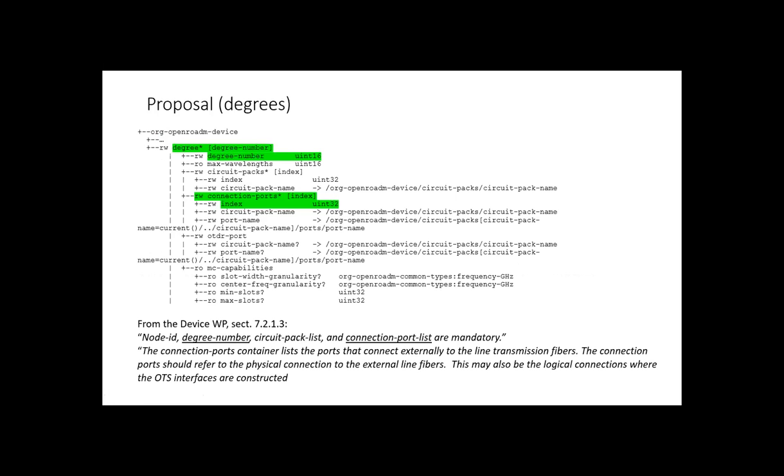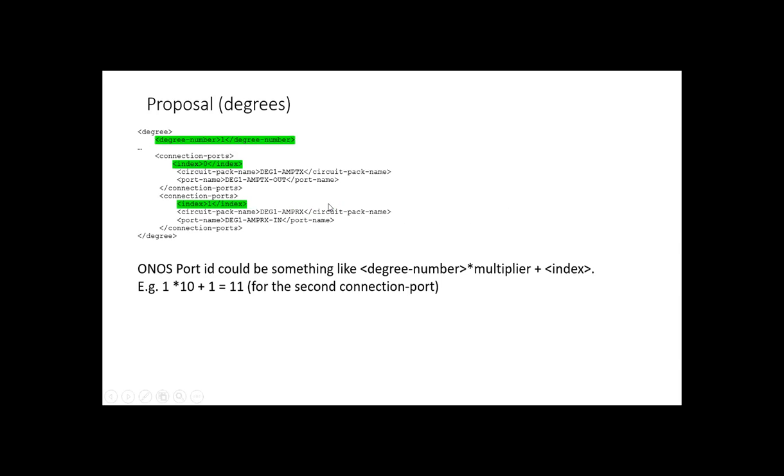And please note also that both the leaves are mandatory. So we have them for sure. They must be present inside a data store, and the data store may appear something like this.